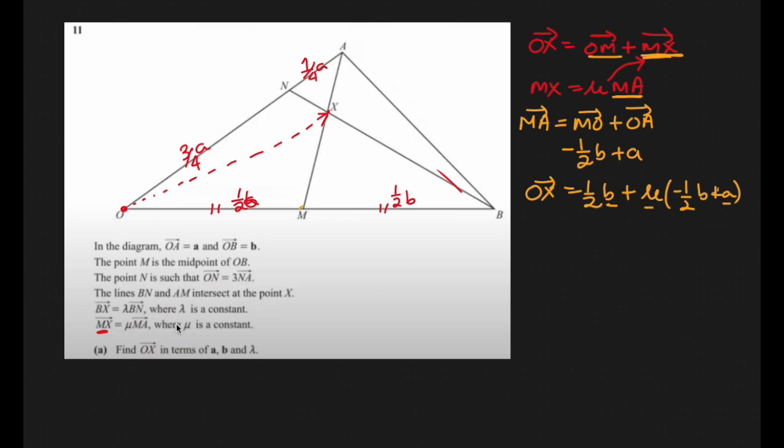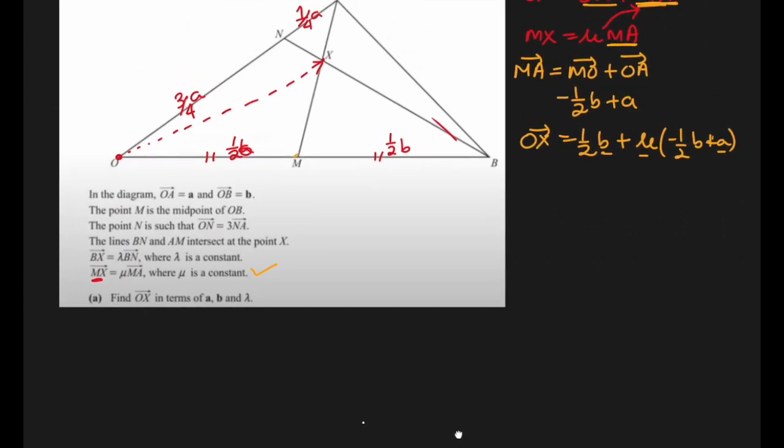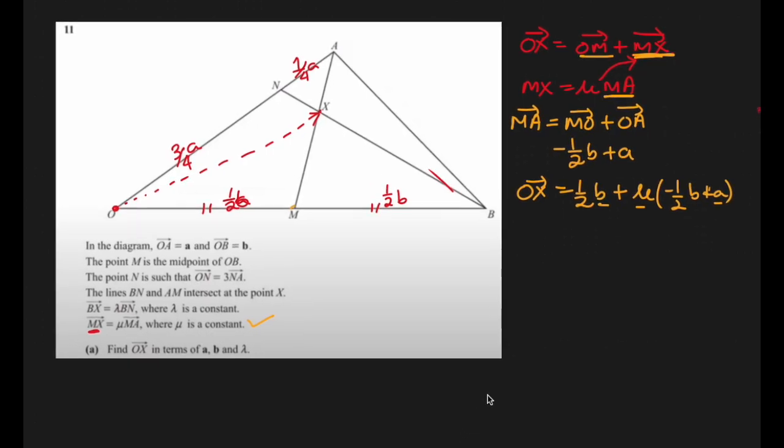I did this second part. I did not do the first. My apologies, but next they are asking to find OX in terms of A, B and mu, and that I have done already. So I will do the first one now, which is OX in terms of A, B and lambda. So I'll use the other route.